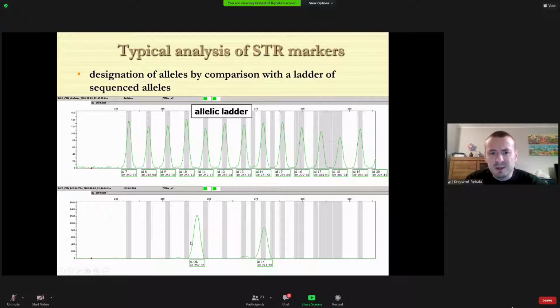Here you can see an example of an off-ladder allele, which falls in between different alleles included in the allelic ladder. I guess this allele should be called 10.2, because here you can see a bin for the allele 10 plus 2 more nucleotides, because it will be longer.